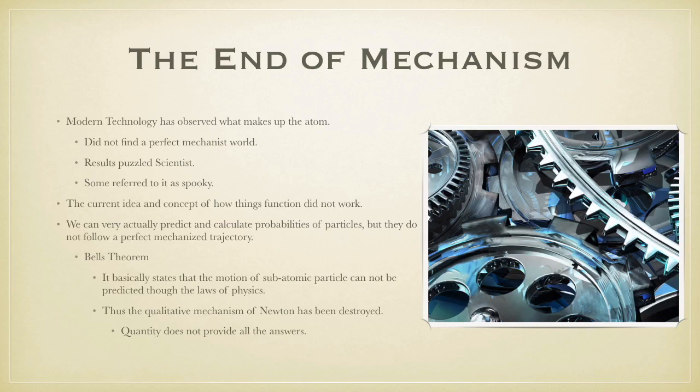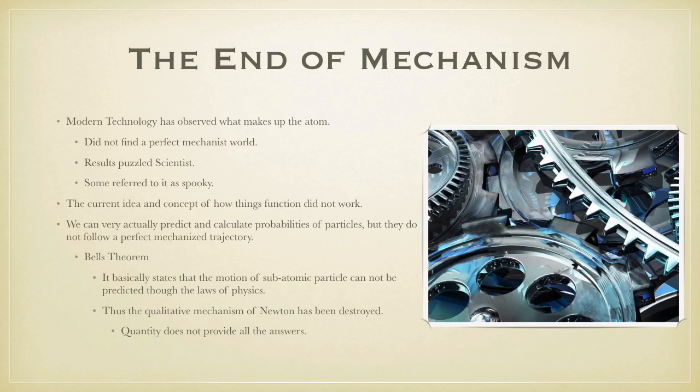Unlike a ball that I hold in my hand, if I throw it, by knowing the laws of physics, the properties of the material in the ball, and the wind speed, I can perfectly predict the trajectory of this object. However, with subatomic particles, this is not the case.